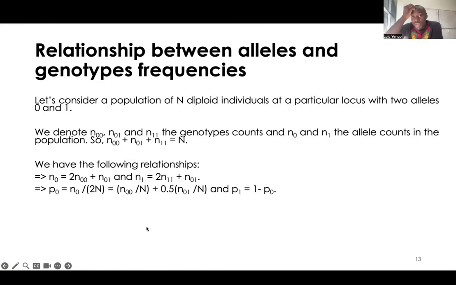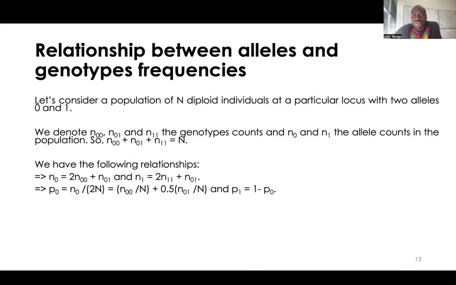Similarly, we can calculate this with the relationship we've seen before, which is essentially the genotype frequency of 00 plus half the genotype frequency of the heterozygous. We could do the same thing for the frequency of the 1 allele, following exactly the same principle, but here we can also use a shortcut because individuals can either have the 1 allele or the 0 allele.